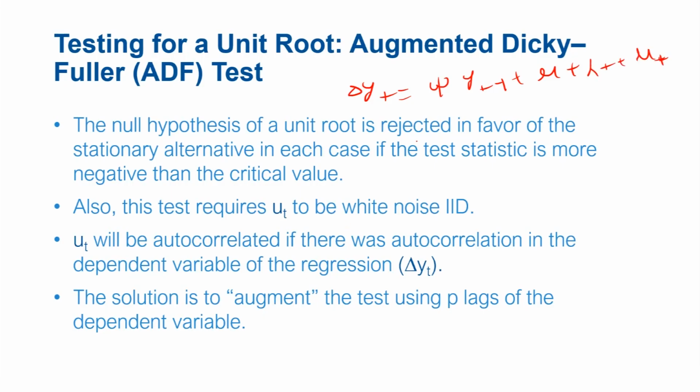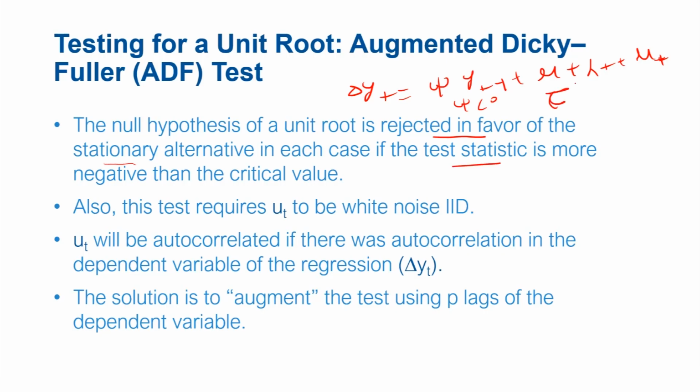In this model, the idea was that the null of a unit root or non-stationarity will be rejected in favor of a stationary alternative, which means psi is less than 0 if this test statistic is significant.